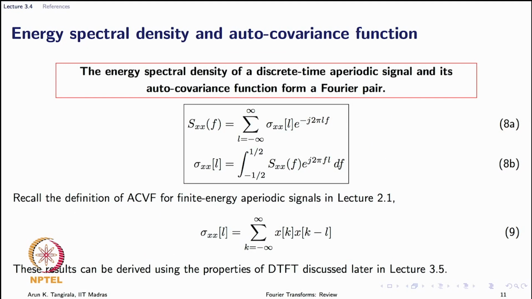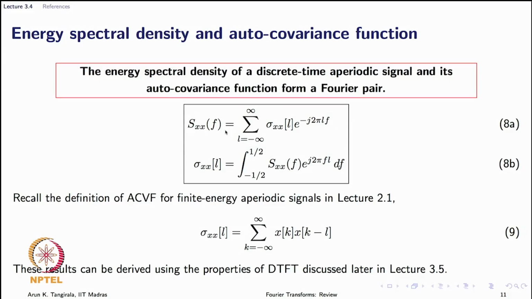Okay. So, when we talked about the discrete time periodic signal, we noticed this connection between energy spectral density and autocovariance function. We have a similar result here: the energy spectral density of a discrete time aperiodic signal and its autocovariance function form a Fourier pair, as given by equations 8a and 8b here.